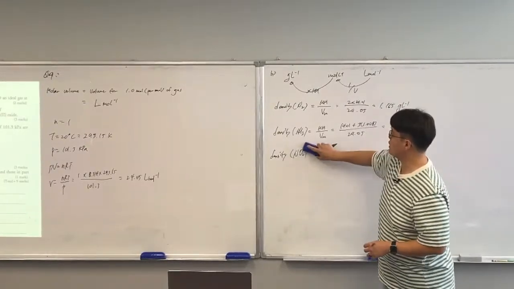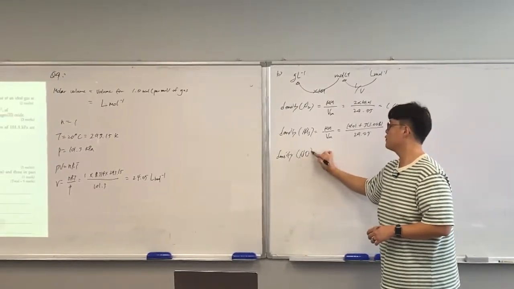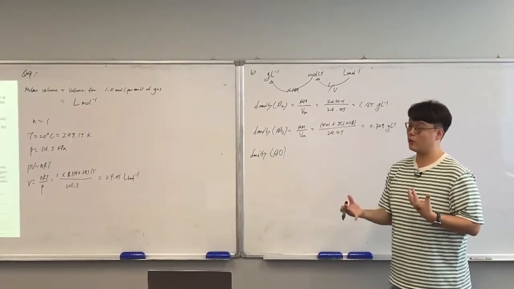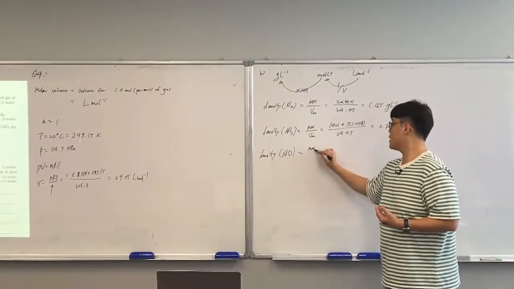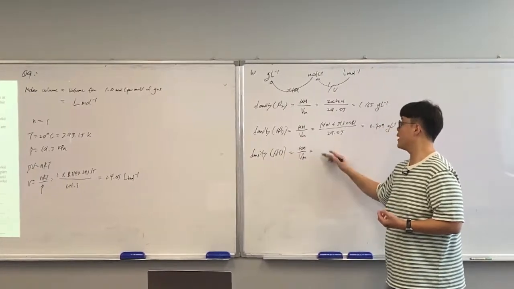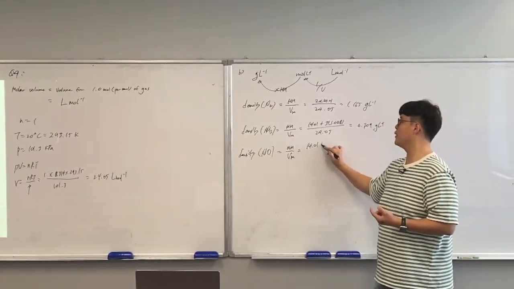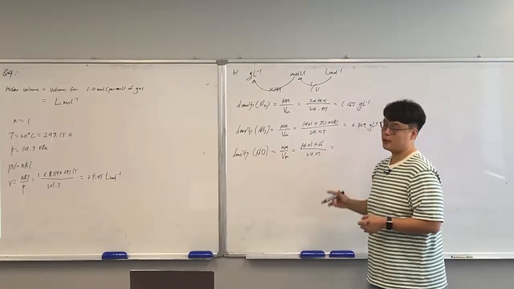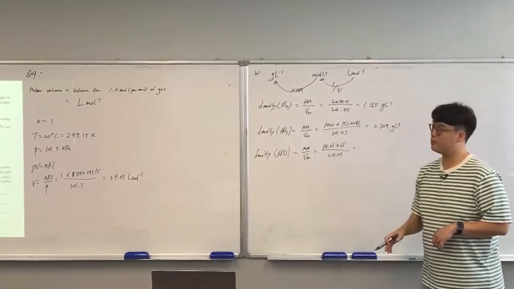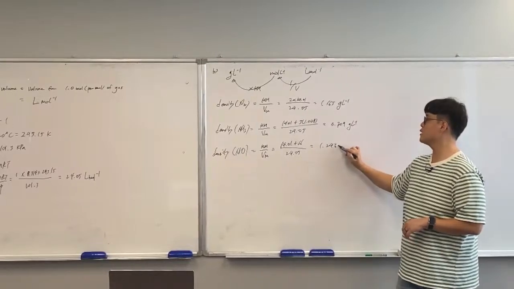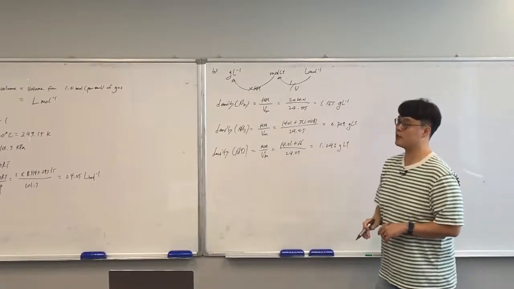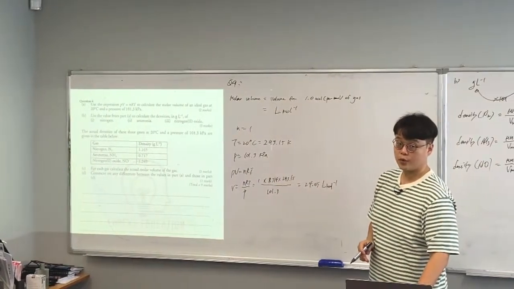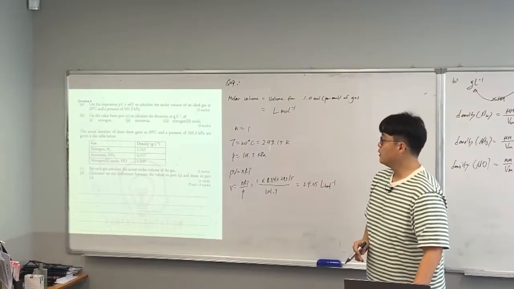Sorry, nitrogen oxide should be just NO, taking nitrogen to be 2 plus and oxygen 2 minus, having a 1-to-1 ratio. Then, same molar mass over molar volume: nitrogen 14.01 plus 16 for oxygen, divided by 24.05. Then you should get 1.248 gram per liter. Everything in 3 decimal points. All good? Okay.